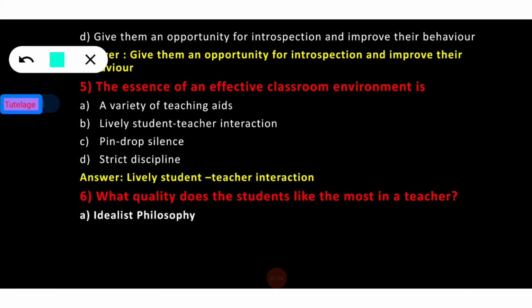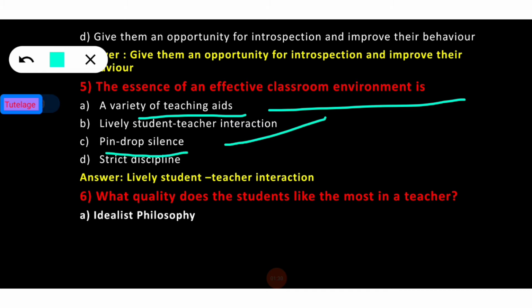The next question is, the essence of an effective classroom environment is: option A, a variety of teaching aids; option B, lively student teacher interaction; option C, pin drop silence; and option D, strict discipline.